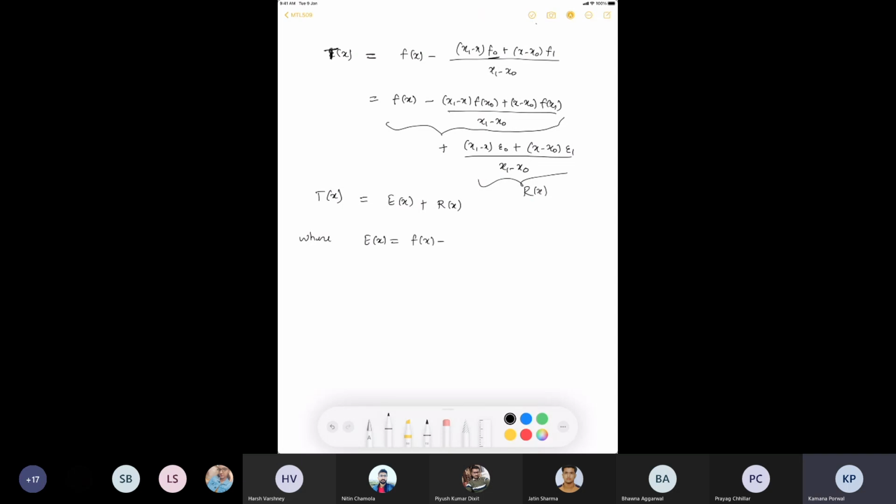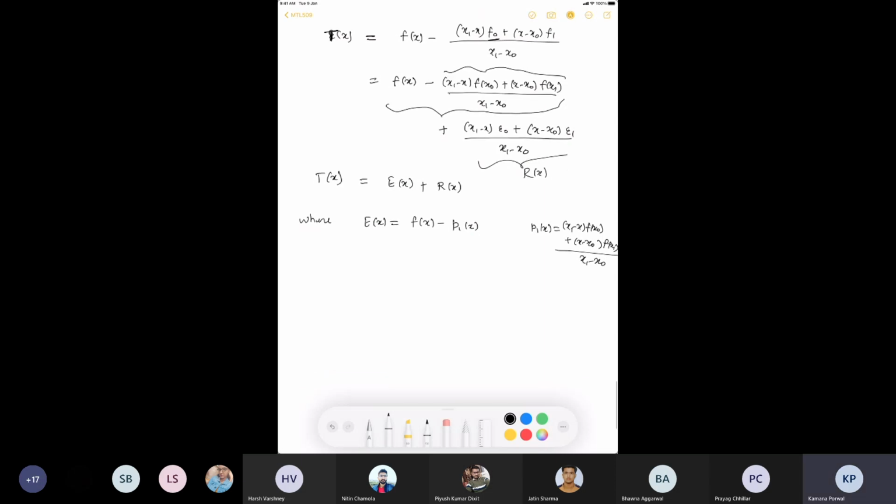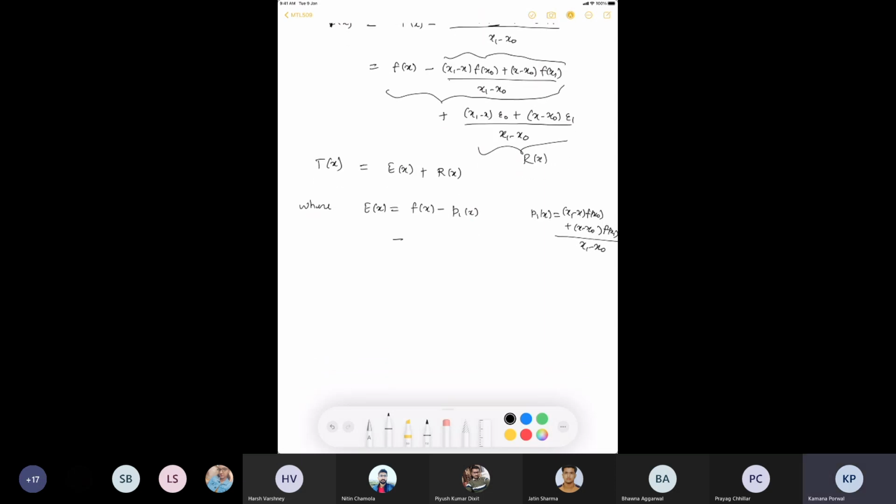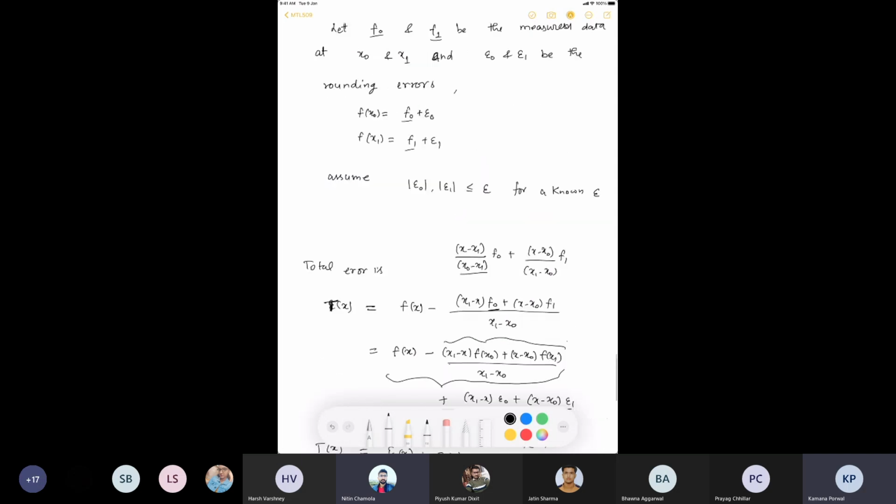Which is f(x) minus, if I call this interpolating polynomial p1(x), then we know what exactly this error is at the point x. We have already obtained the formula for it.